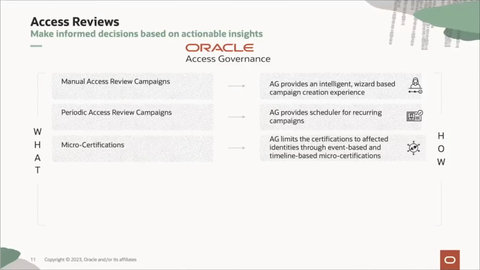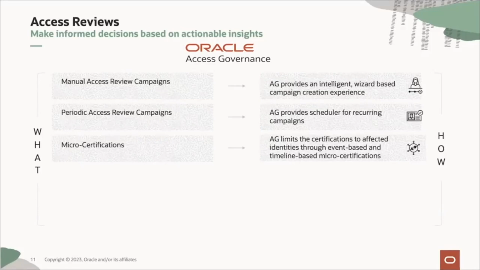But where the industry is heading is, while regular certifications are required from a compliance or organization process point of view, frequent certifications result in certification fatigue and rubber stamping problems.